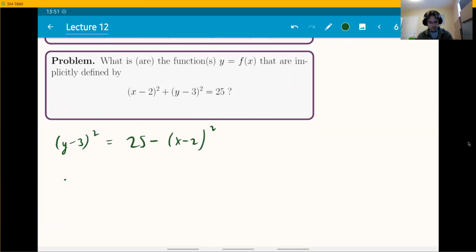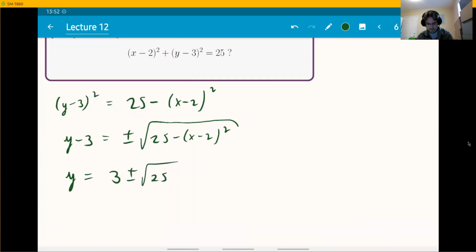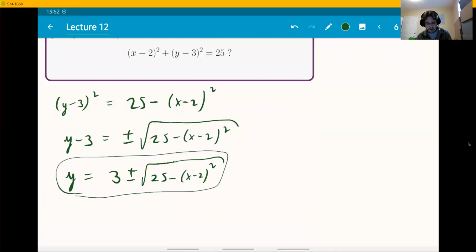Now you can take square roots. This is though going to require having a plus or minus. You don't know the sign of the y minus 3 function. So in principle, this might be plus or minus. And you want to move the 3 to the other side as a plus 3. So you see that in this case, it was actually possible to solve explicitly for y, but you find two possible answers because of the plus or minus.